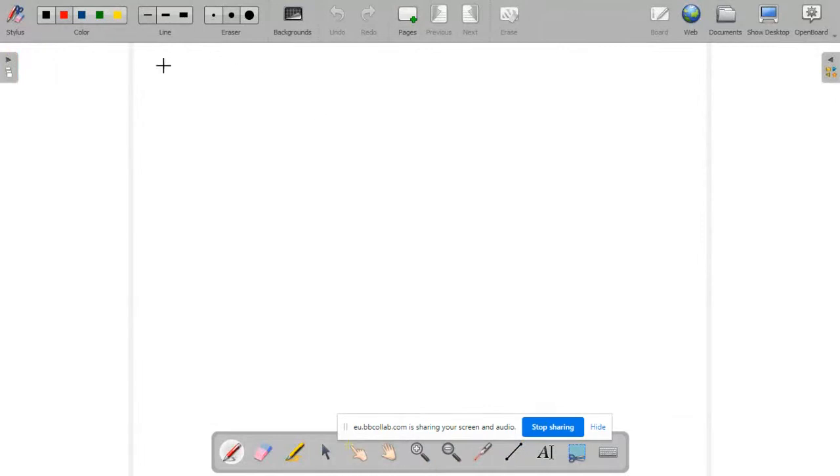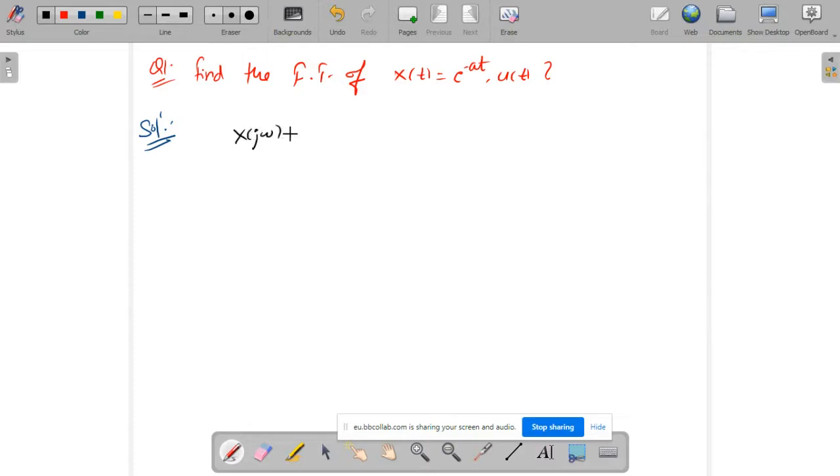The question is: find the Fourier transform of x(t), where x(t) is e to the power minus at u(t). Solution: we know the formula for Fourier transform, very easy.